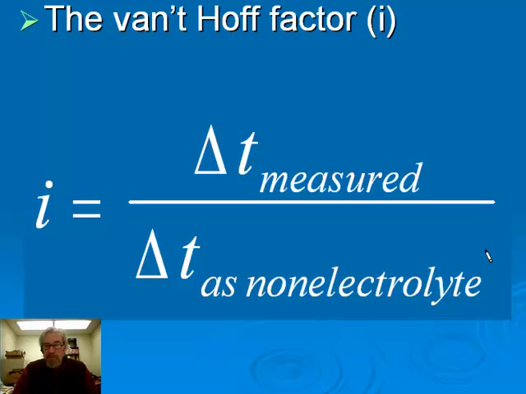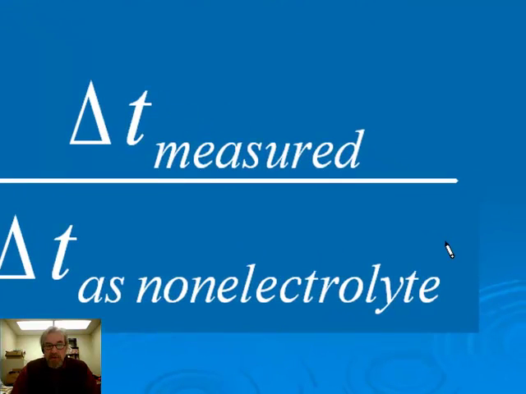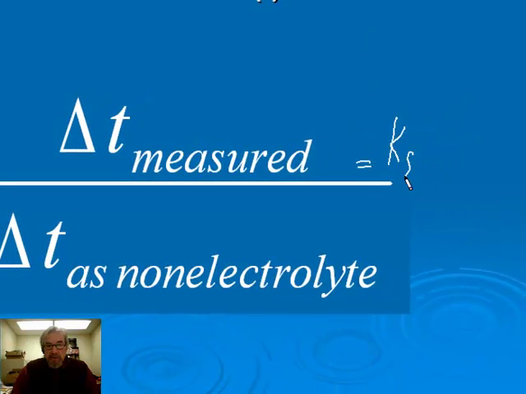This was originally defined in terms of freezing point depression, and so i, which is the Van 't Hoff factor, is the ratio of the delta T you actually get, the measured delta T, freezing point depression, or boiling point elevation, divided by the delta T that you'd calculate if it weren't an electrolyte at all. But remember, delta T is equal to K, let's use freezing, Kf times molality.